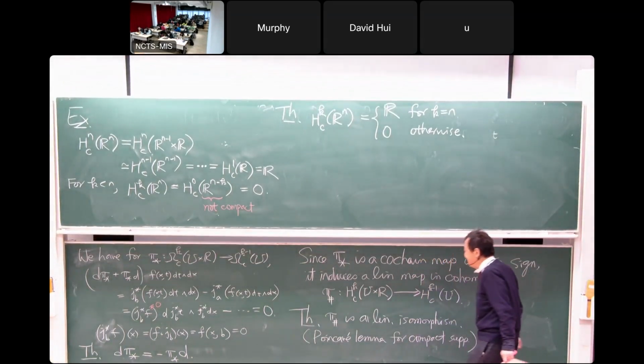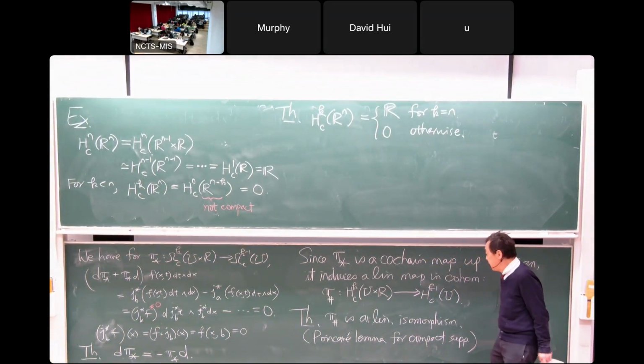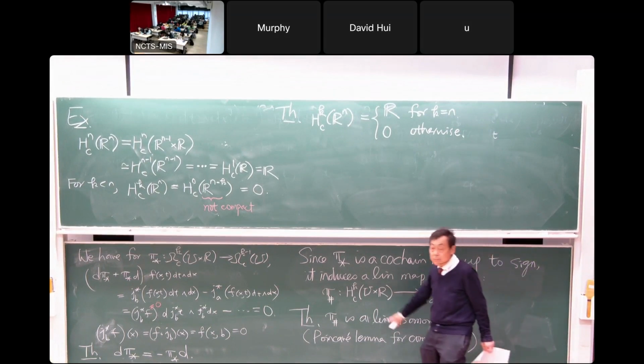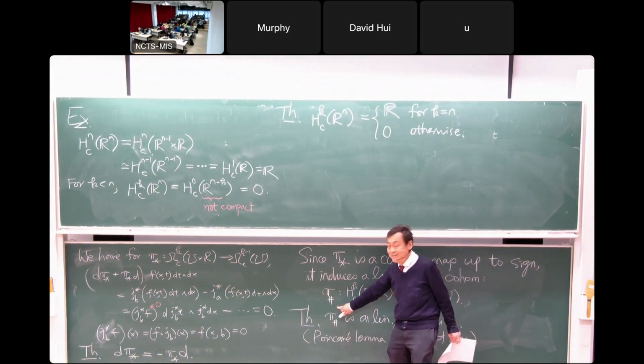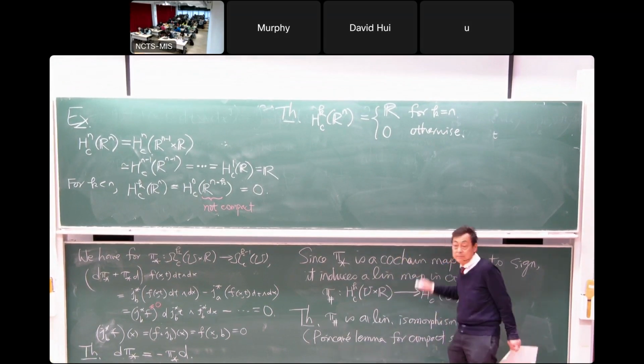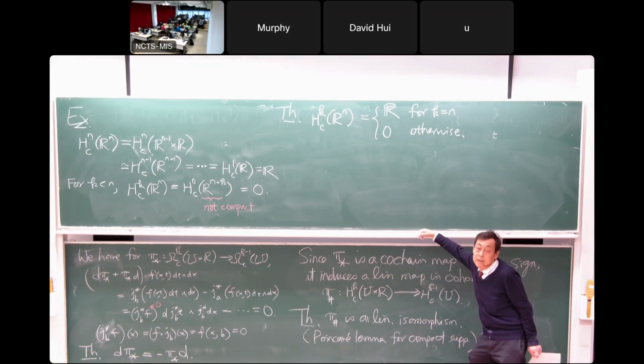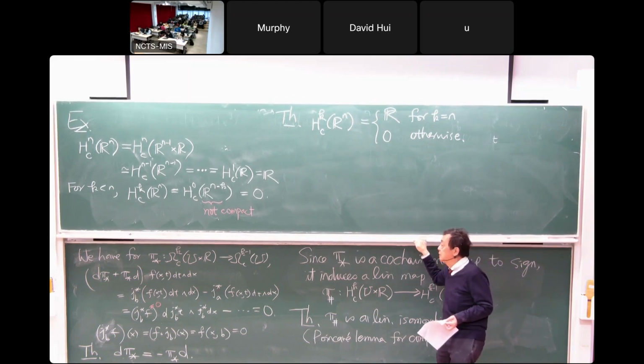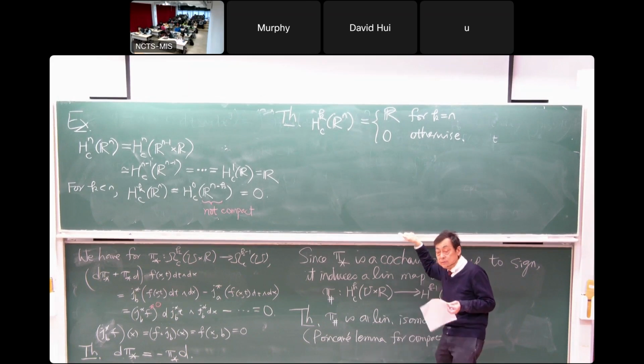Okay, now, we want to prove the theorem, that pi lower hat is an isomorphism. Well, to prove that it's an isomorphism, you just have to find an inverse map. And it's kind of easy to see what the inverse of integration along the fiber should be.